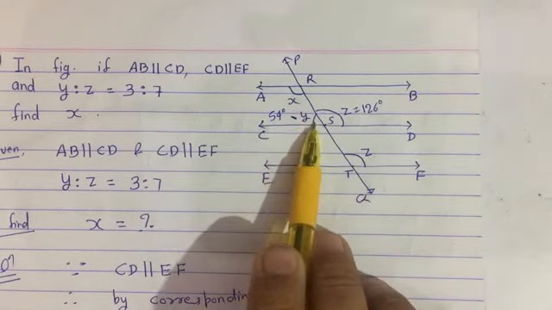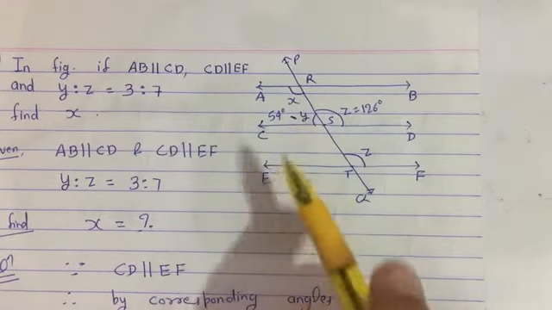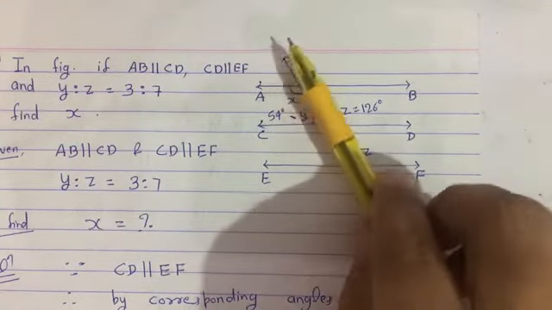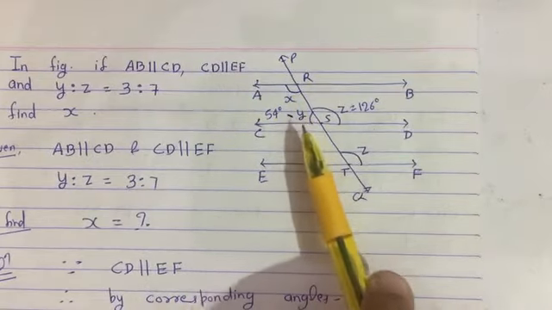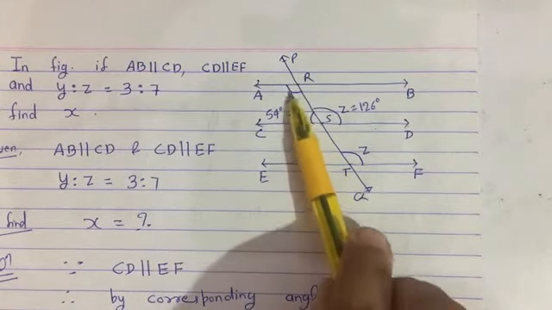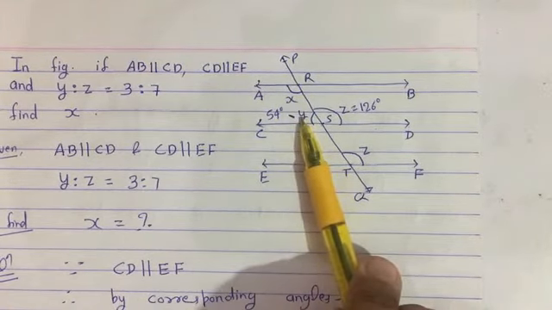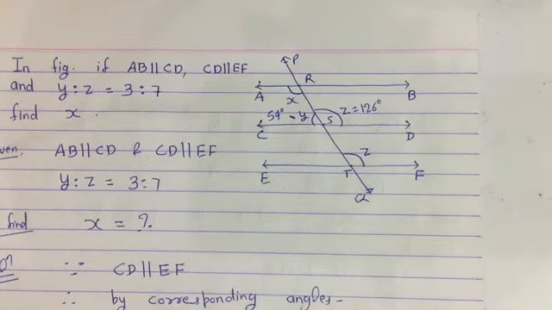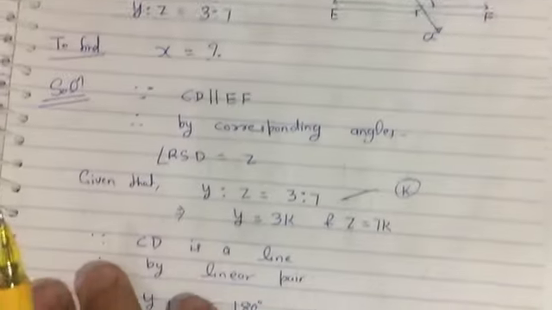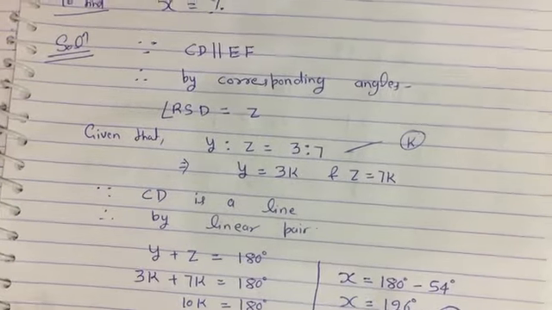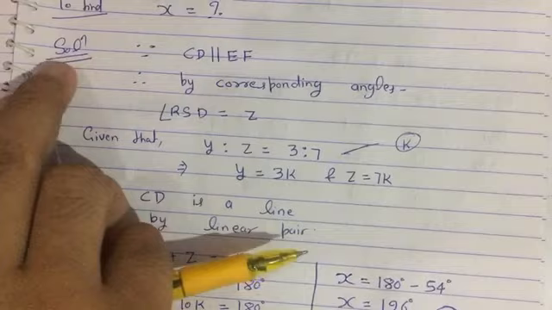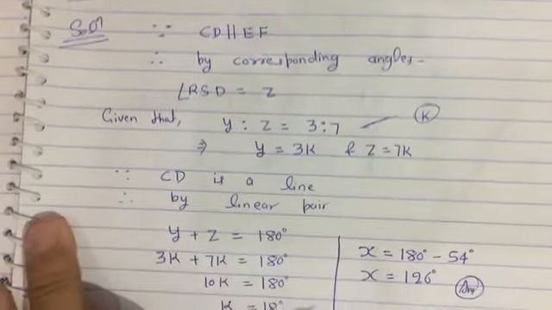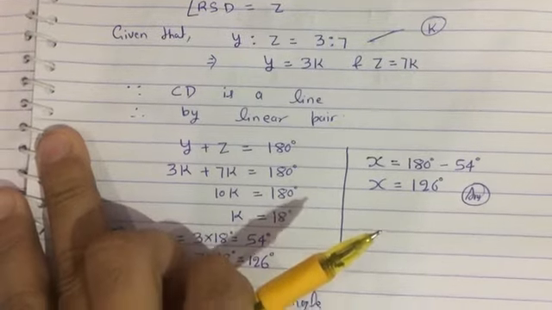So X and Y are those type of angles which are in the interior of line AB and CD and form on the same side of the transversal. So this is a co-interior angle, and you know when lines are parallel, then the sum of co-interior angles is 180 degree. Clear? We are going to introduce this concept. Look at this concept here.